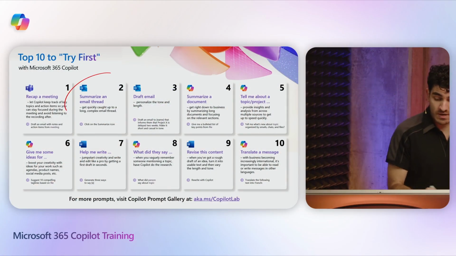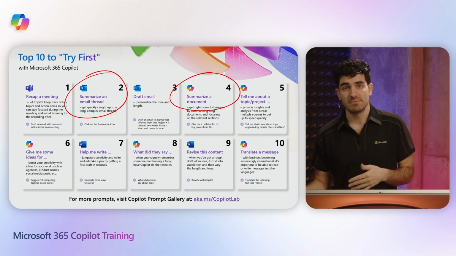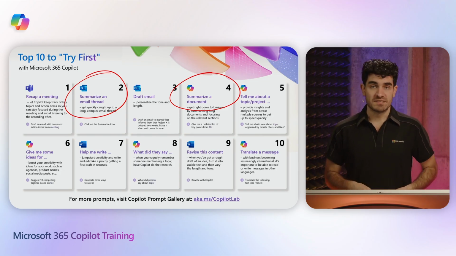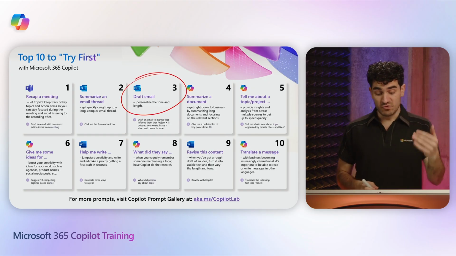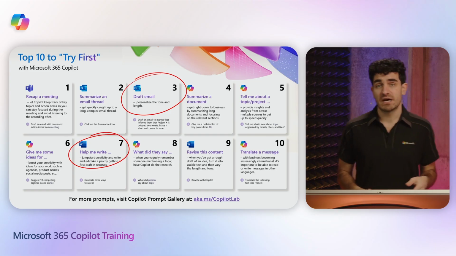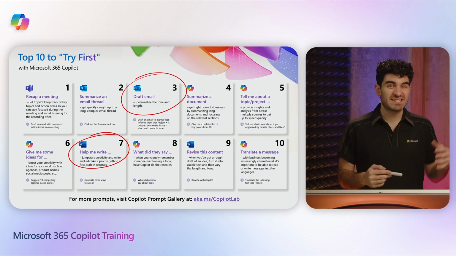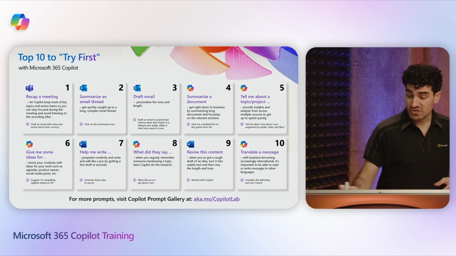We can also summarize information, both in an email thread or in a document and beyond, even in PowerPoint presentations. We also have the email abilities with drafting a new email or even drafting an entire Word document, so you can get that type of creative writing assistance. Education is key.